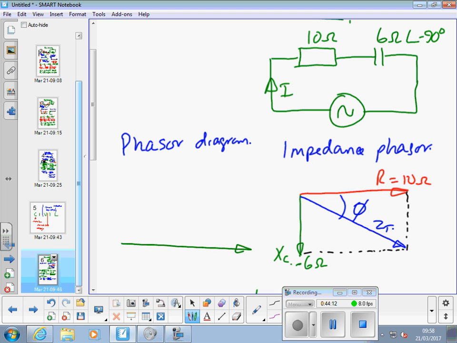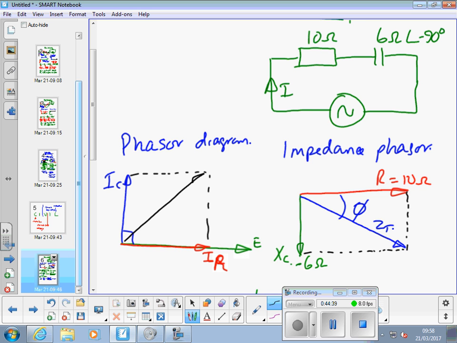We want E there, IC in phase, IR in phase, IC at 90 degrees upwards, IT in there at that angle, 31 degrees.